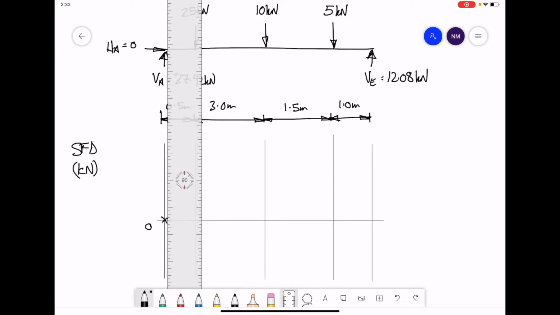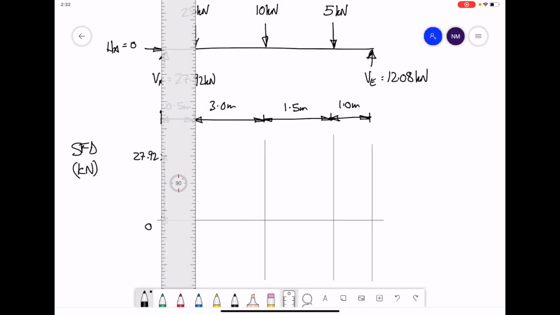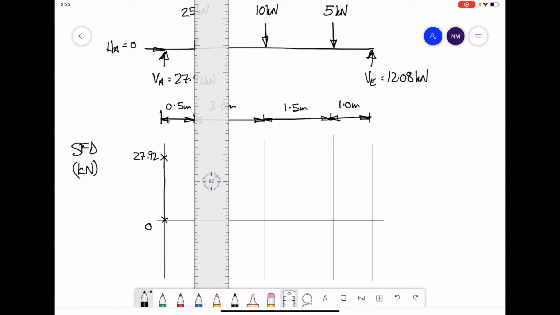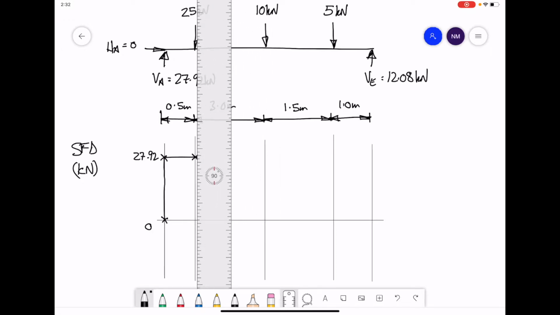The first force we reveal will be the first reaction, 27.92, and that will cause us a jump up to 27.92 kilonewtons. As we move through the first section of the beam, the total force stays the same at 27.92, until we come to the first point load, 25.